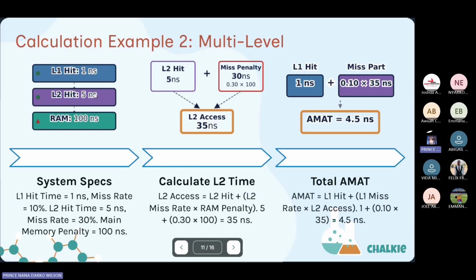My formula is going to be the level 2 access time, which is the level 2 hit plus the level 2 miss rate times, where does it reference? RAM. So RAM becomes the penalty. The formula we already know is hit plus miss rate times access time, where the access time is the penalty from the lower memory that we are accessing.